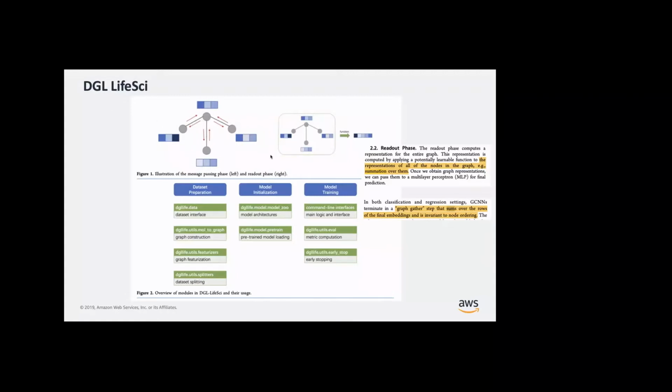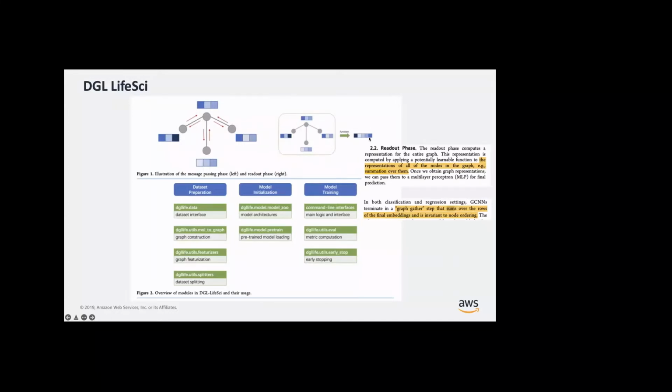Once message passing is done through many layers, the node information is aggregated, forming a molecular-level latent representation, which is this one.